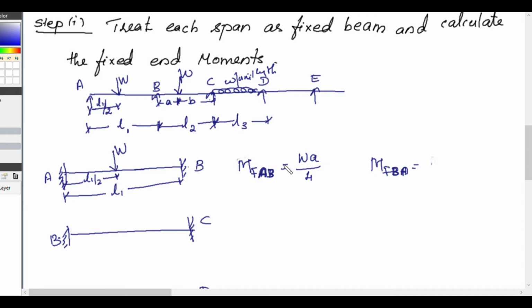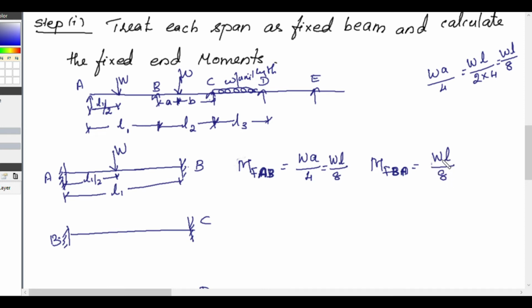So if this length is taken as L, it is W L by 4. Sorry, W L by 8. So A is L by 2, right? So W A by 4, where A is L by 2, so 2 into 4, we get W L by 8. Here also it is W L by 8.